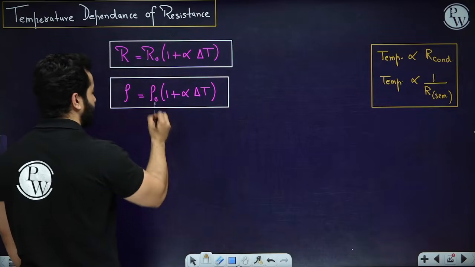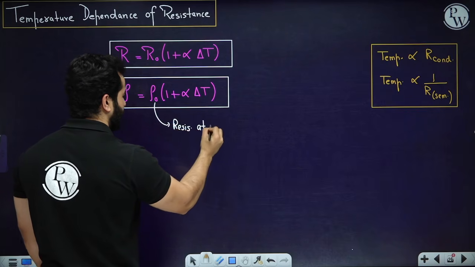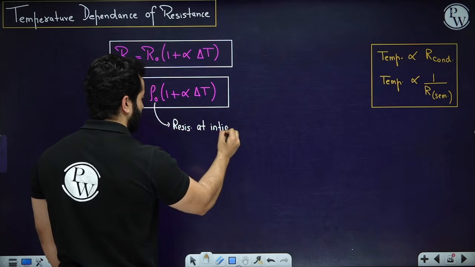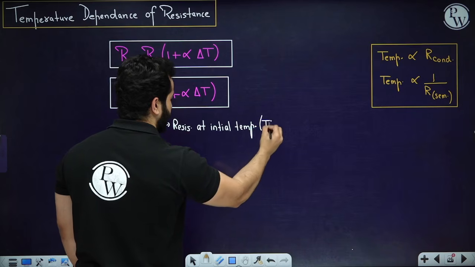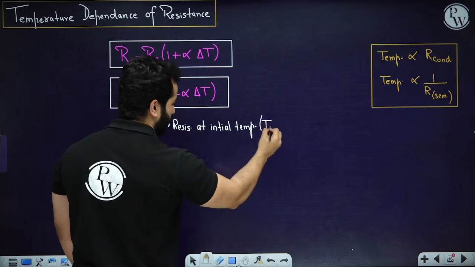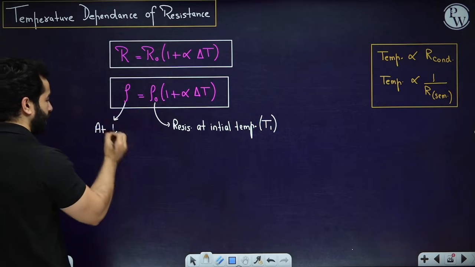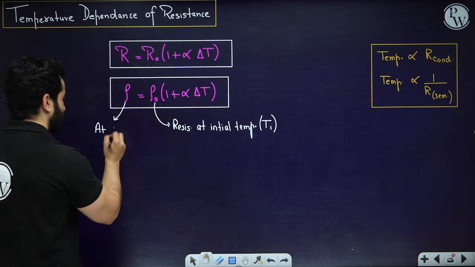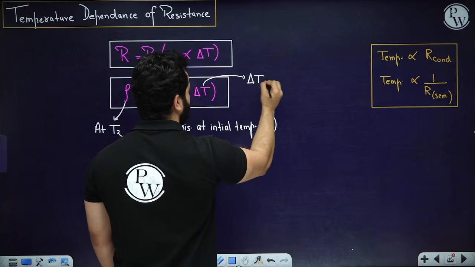Rho naught is the resistivity at initial temperature, let's say that's T1. This is at T2. That would mean delta T is nothing but T2 minus T1.